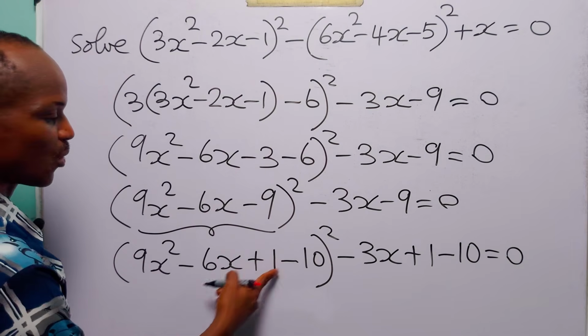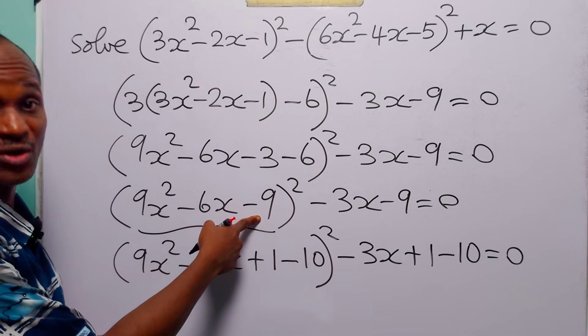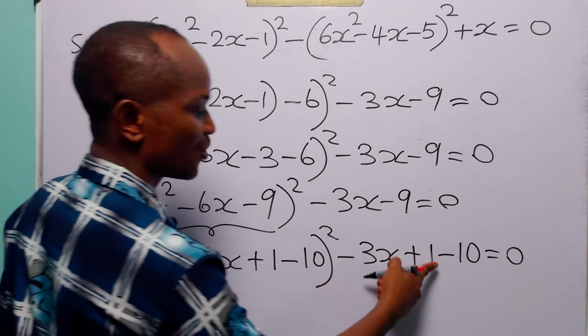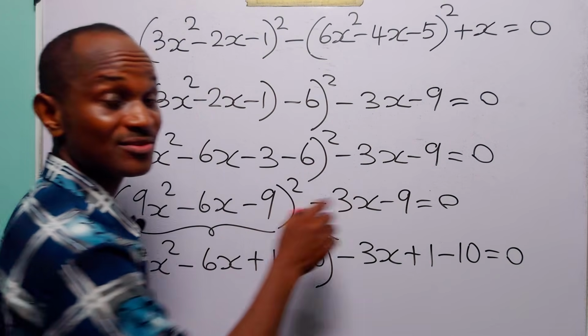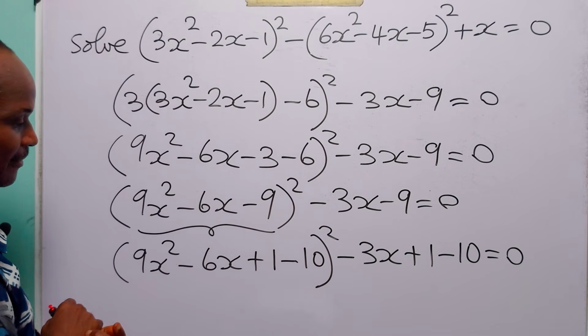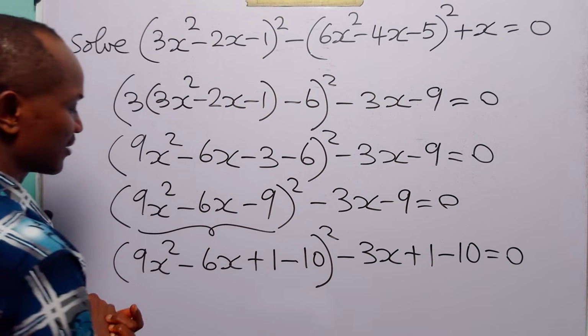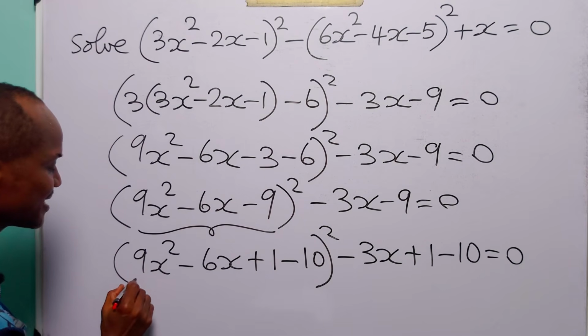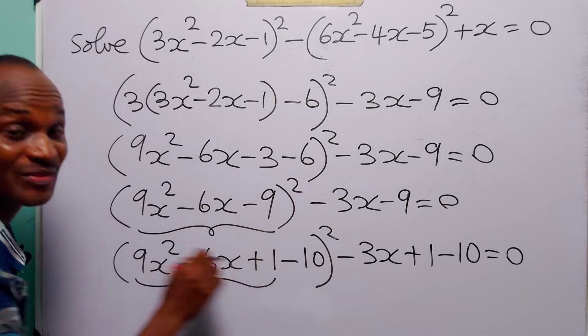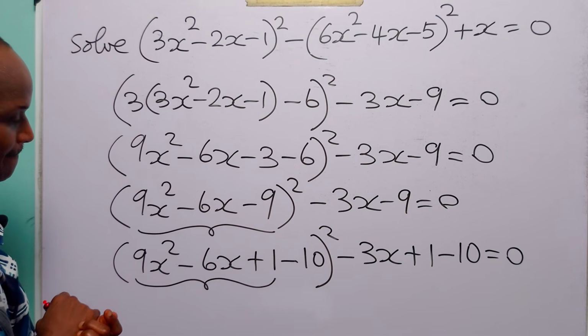Of course, you know that 1 minus 10 is going to give us minus 9, and in the same way, 1 minus 10 is going to give us minus 9. The next thing we are going to do is to make a perfect square out of these three terms.